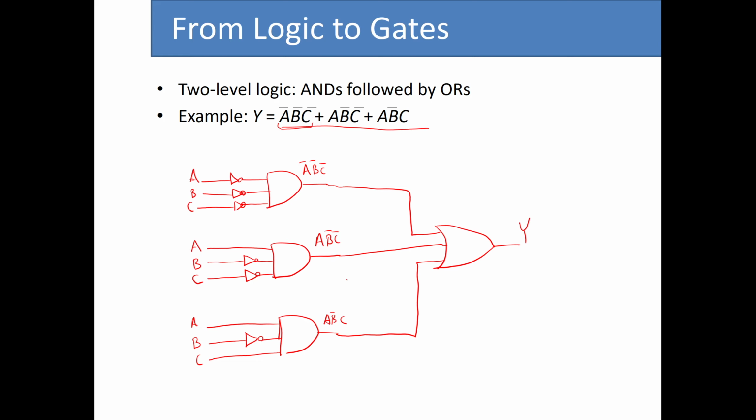This thing becomes a little bit more complicated if we have functions that are not created using all the literals. For example, if we had a b plus a bar b bar c plus, and so on and so forth.